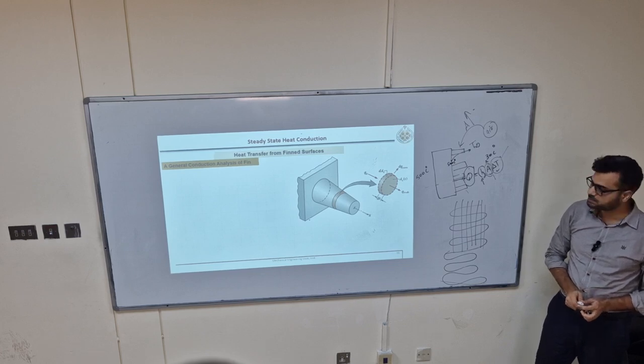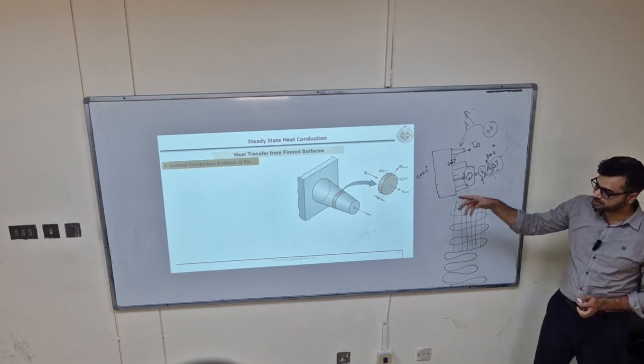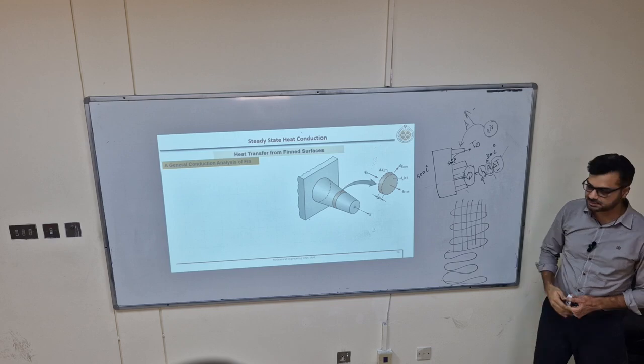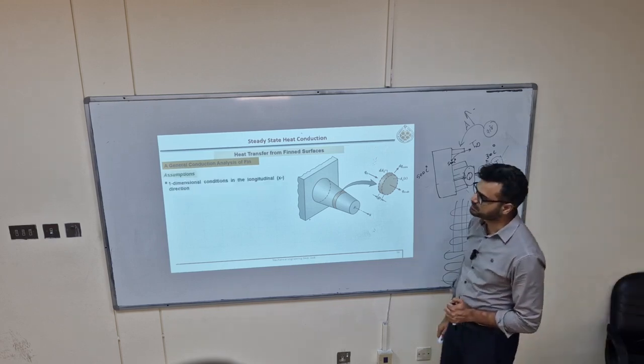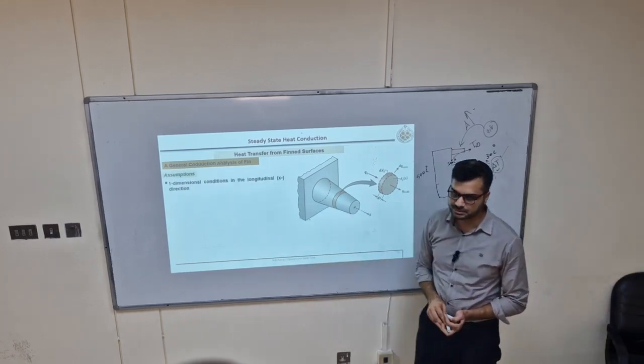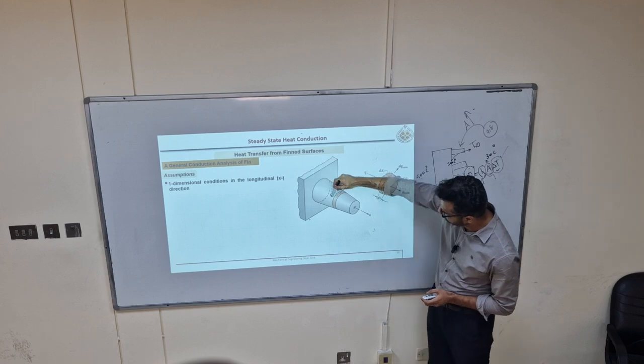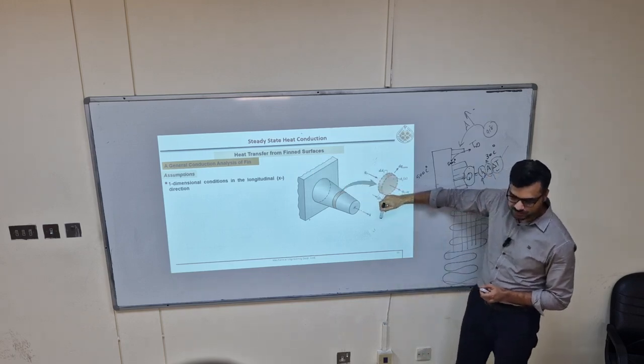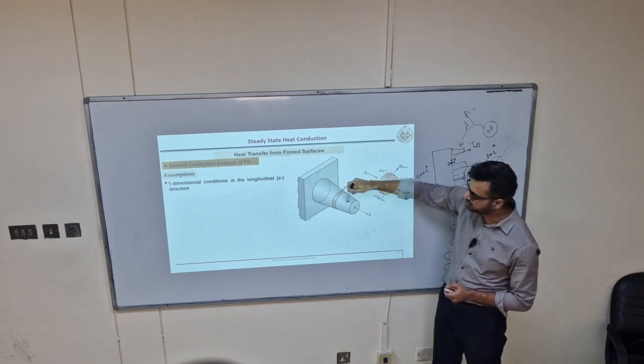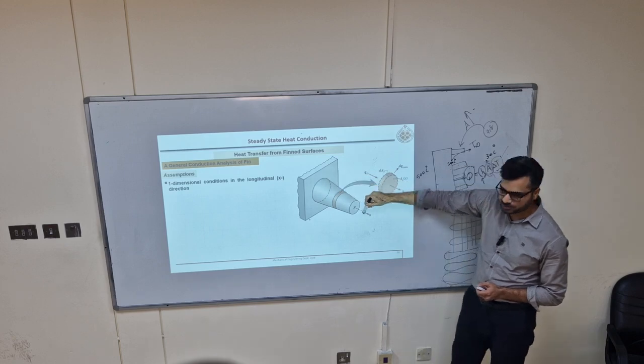The analysis which we will present is based on certain assumptions. What are those assumptions which we have used to derive the equations we will study in this course? First of all, we are assuming 1D conduction within the fin. Heat transfer is by conduction in one particular direction.